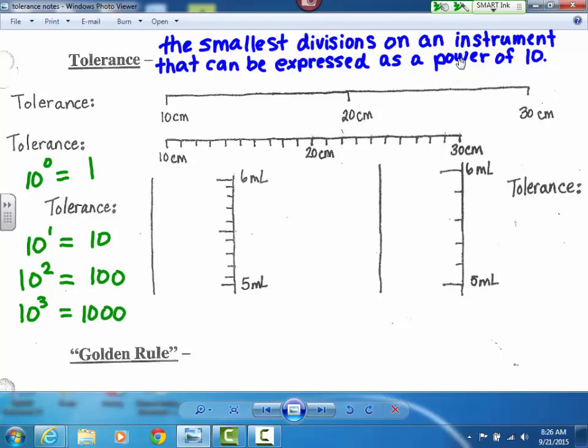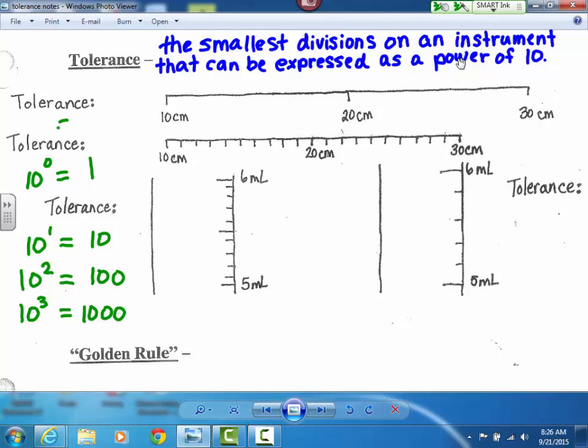All of these numbers right here, 1, 10, 100, and 1,000, can all be written as powers of 10. 10 to the 0, 10 to the first, 10 squared, 10 to the third. We could keep this list going and get our numbers bigger, or we can keep it going in the other direction and make it smaller.